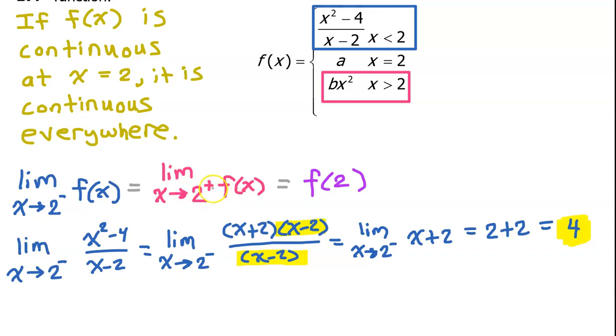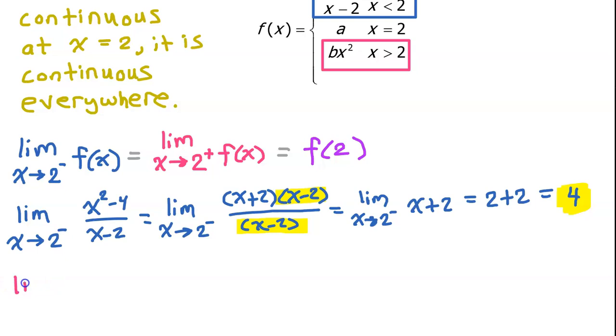Now let's find an expression for the limit as x approaches 2 from the right. Well, from the right of 2, we're talking about values of x that are greater than 2. So the third piece of the piecewise function will apply. So we need to find the limit as x approaches 2 from the right of bx squared.